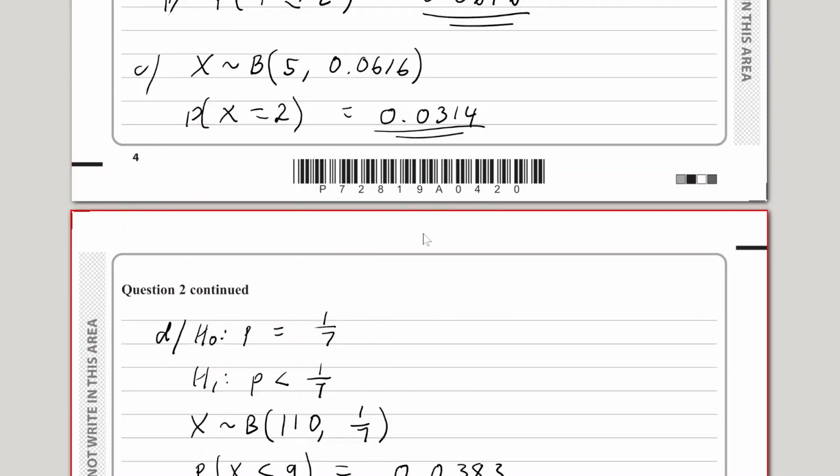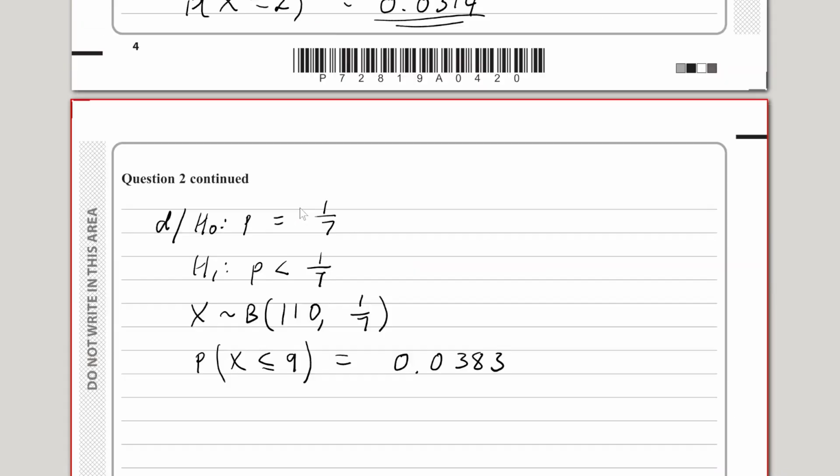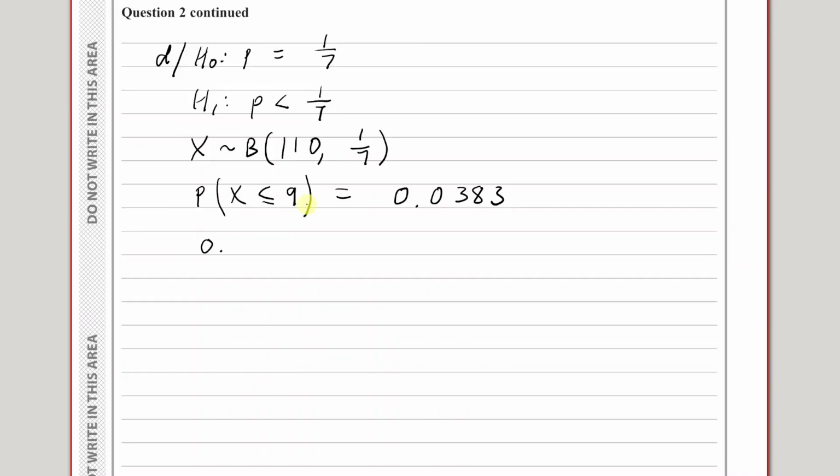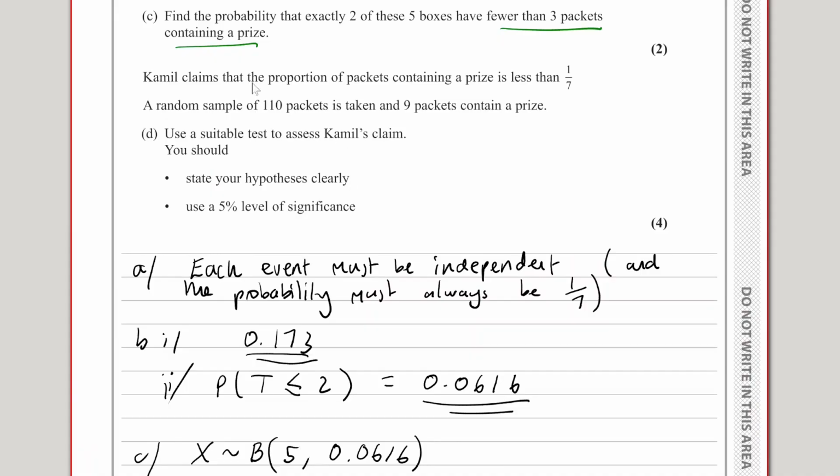So that's less than 5%. 0.0383 is less than 0.05. So this is going to happen less than 5% of the time. So we can say there is evidence to support Camille's claim.